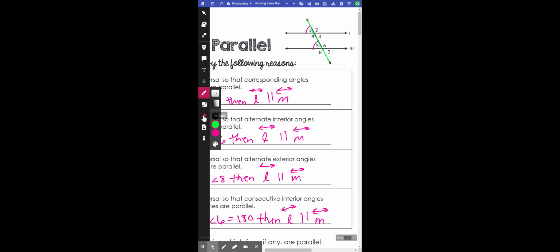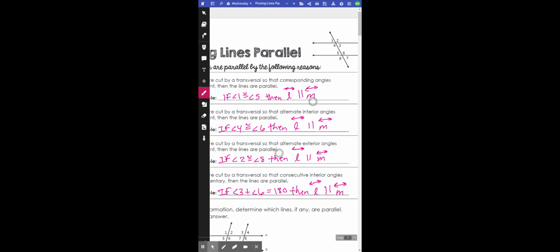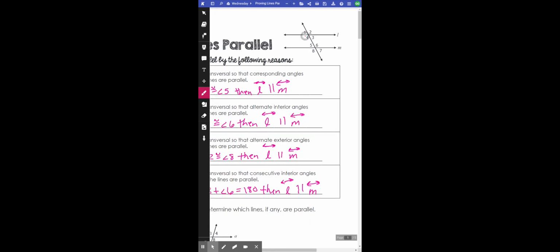That means you'll have to go in there and say angle 4 and angle 6. Okay, so here's angle 4, here's angle 6. Both of them touch a common transversal. If they don't touch a common transversal, then they're none. You cannot classify them. You cannot say the lines are parallel because they don't touch two lines. They don't touch a common line. So your answer would be none.